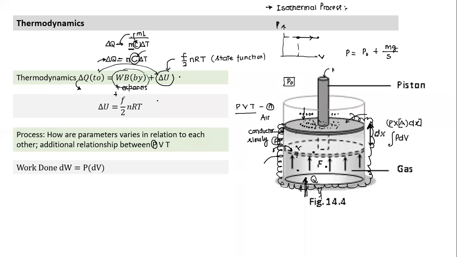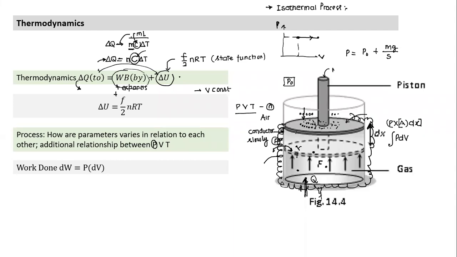Does that C value make sense? There are two different processes. One is a constant volume process, V constant. In a constant volume process, what is work done? No change in volume, so work done is zero. Whatever heat I'm supplying, everything goes into change in internal energy.